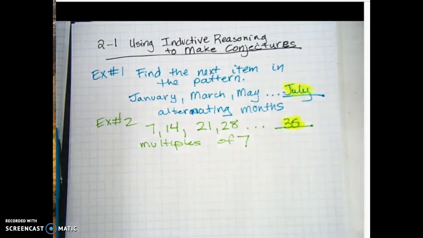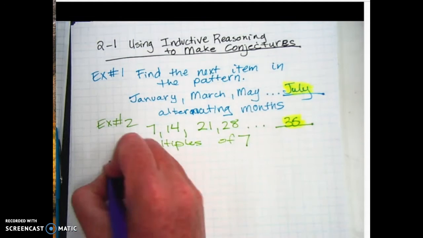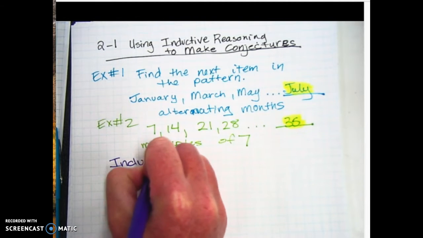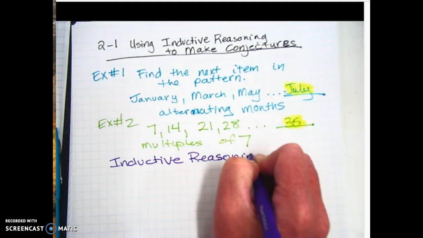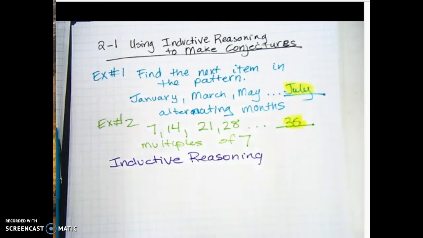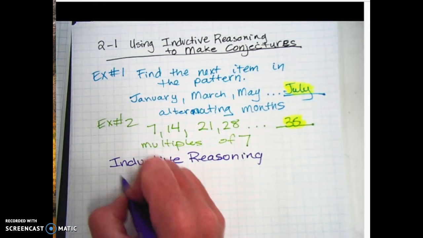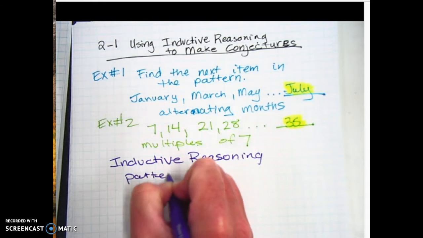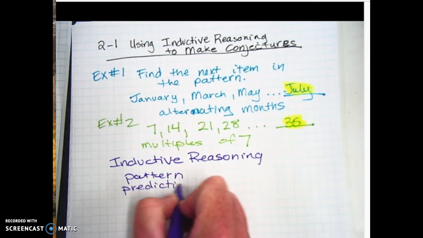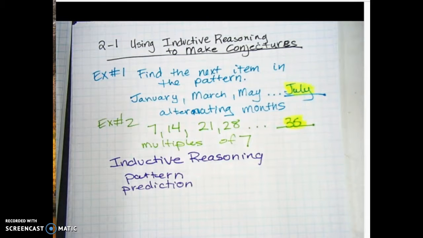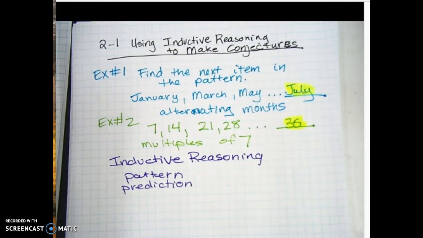All right, so let's talk about something called inductive reasoning, which is in the title. This inductive reasoning, this fancy word, is basically finding a pattern and then making a prediction about what the next thing will be or what's happening.